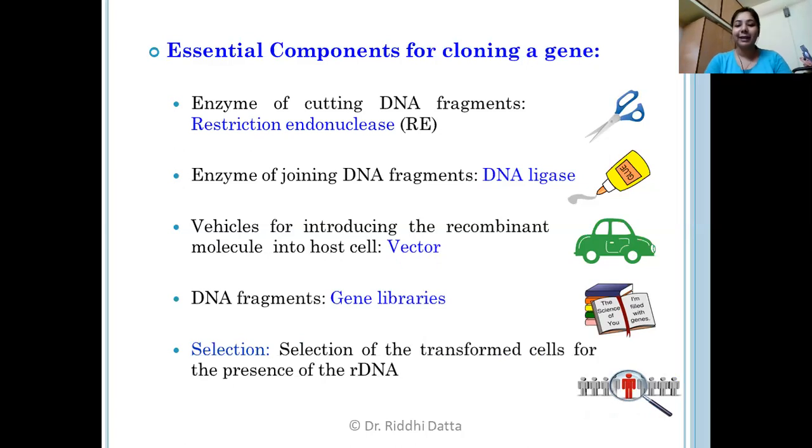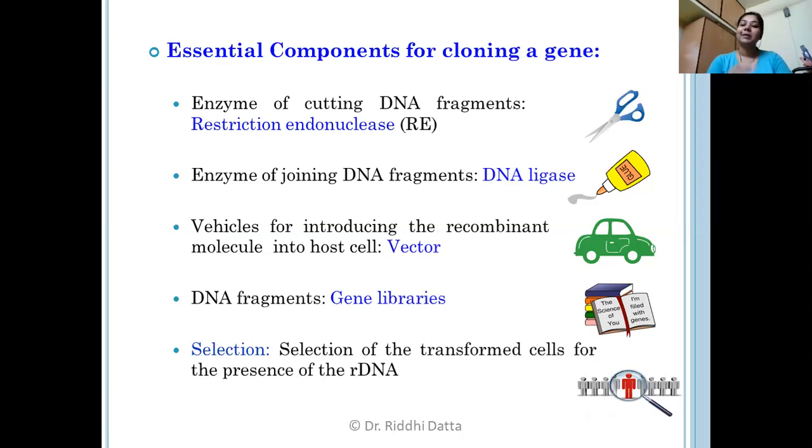Now, once we have cut the DNA fragments, we need to stitch them together. And for stitching them together, we will need some glue. This glue in molecular biology is the DNA ligase enzyme. So we have the scissors, which are the restriction endonucleases, and we have the glue, which is the DNA ligase.